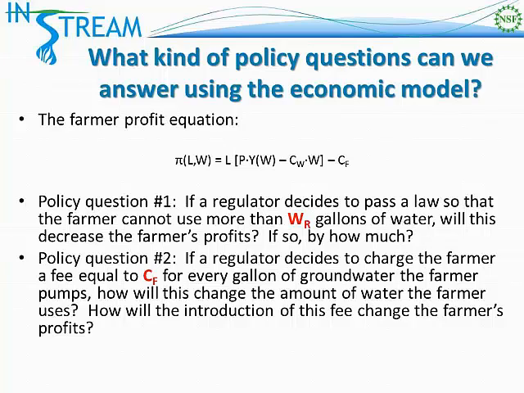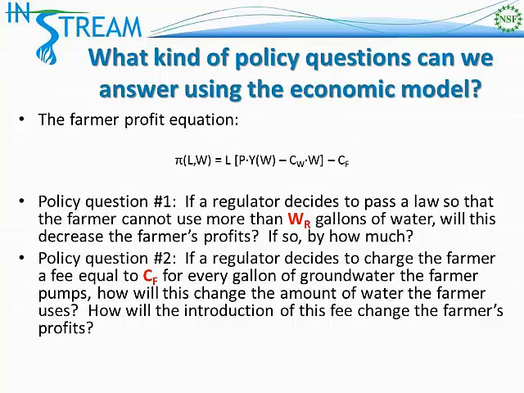However, if W sub R is less than the farmer's profit maximizing level of water use, then the farmer is only going to be able to use an amount of water that is less than what he would like in order to maximize his profits.